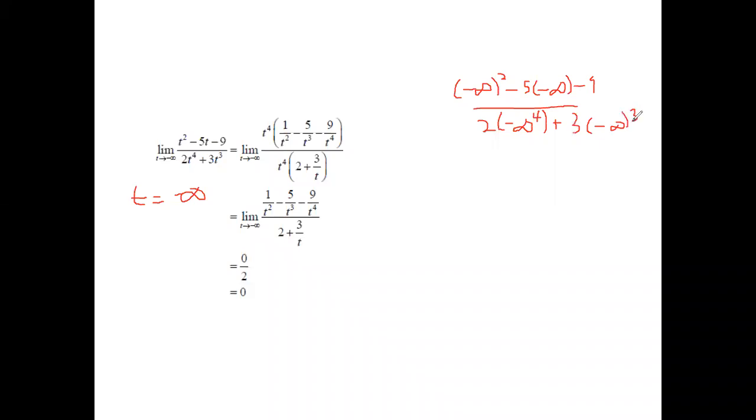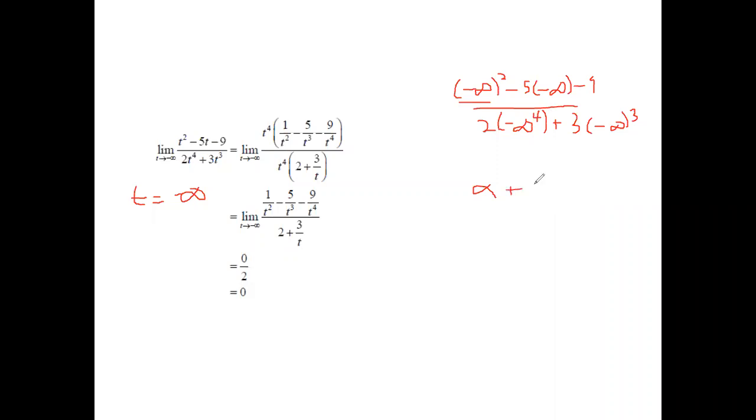Now, infinity plus any number is infinity, and infinity times any number is infinity, and any power of infinity will still give us infinity. So infinity squared is still infinity, okay? Then minus 5 times infinity is still infinity. Minus 9 is still infinity.